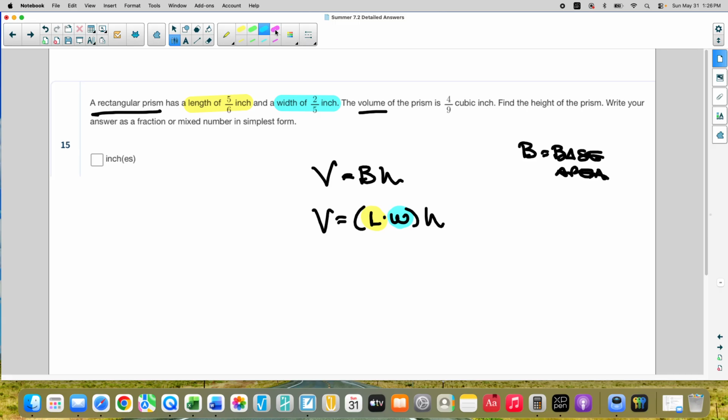And it wants to know, find the height. So that's why we're looking for a height. And we also know the volume. So we'll substitute those values in. So 4/9 equals 5/6 times 2/5 times the height.